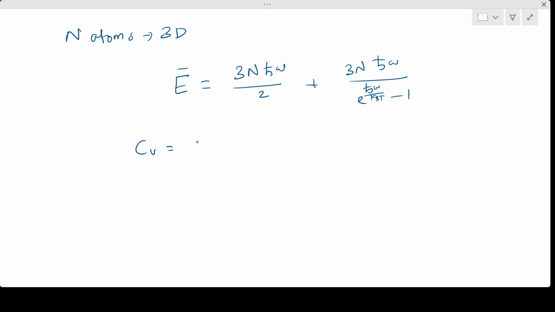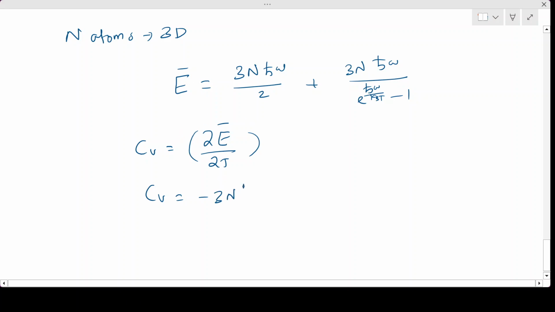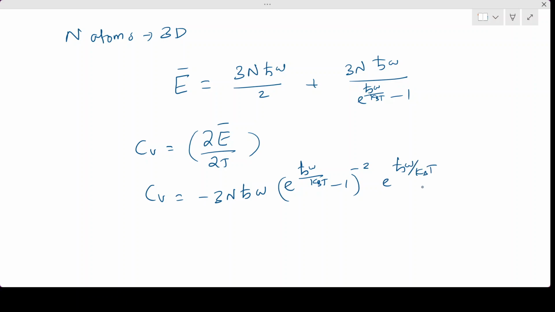Here we take dou E bar by dou T, and that is CV. When you take dou by dou T of this E bar, you will have 3N h cross omega times (e raised to h cross omega by kBT minus 1) raised to minus 2, times e raised to h cross omega by kBT, times h cross omega by kB, times minus 1 by T squared.